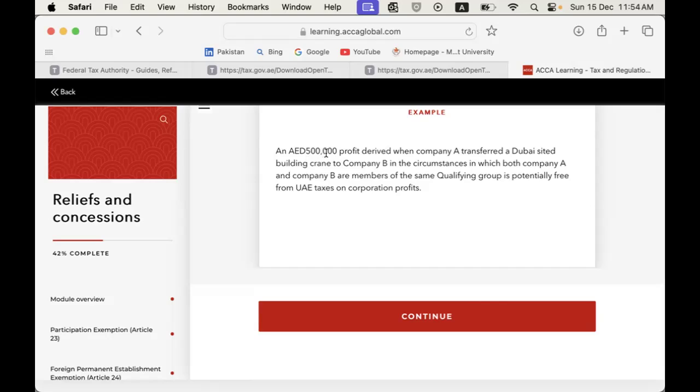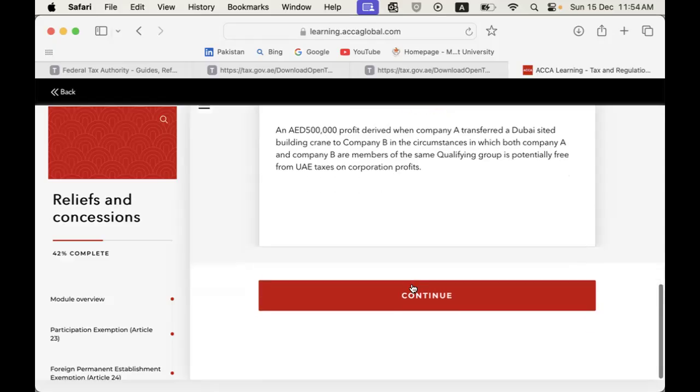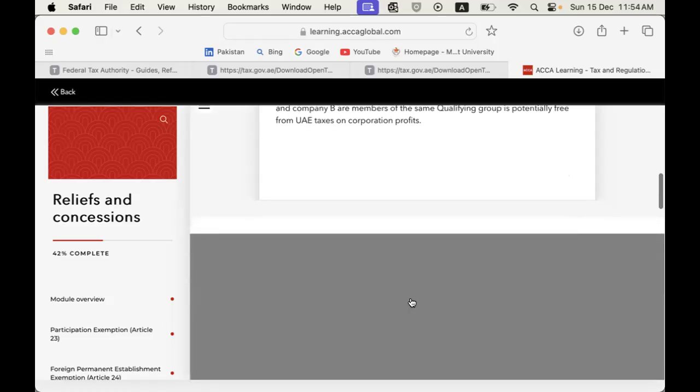So if there was a gain or loss on the transfer of title to this crane from company A to company B, that gain or loss, even if it is booked in the financial statements, will not be reported in the corporate tax return. Why? Because this was a qualifying group. Clear, guys? It will be booked in the financial statements, chances are, but in preparing the corporate tax return, you will exclude the gain or loss.